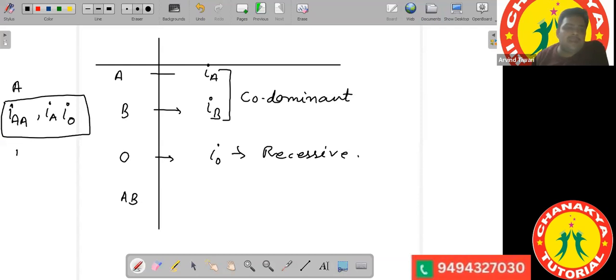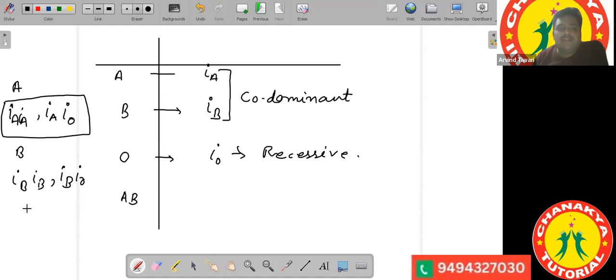If a parent has the blood group B, he will have the alleles IB IB, or IB and IO.